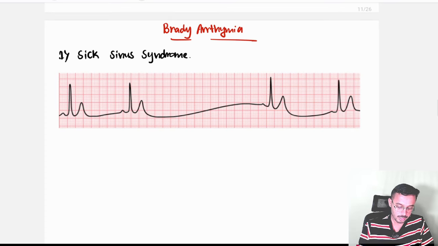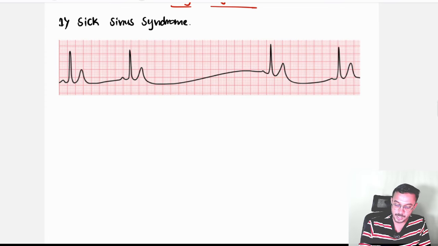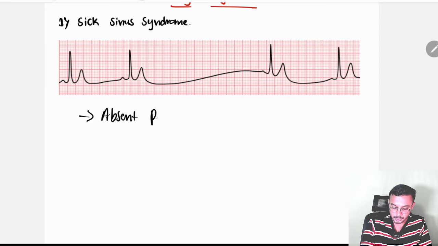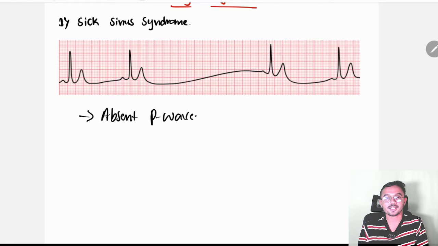One of the best hallmark features is the absent P wave. Remember, absent P wave is seen in two conditions: one is bradyarrhythmia and one is tachyarrhythmia. In bradyarrhythmias, where you will find sick sinus syndrome, absent P wave is present. But in tachyarrhythmia, like atrial fibrillation, there is also absent P wave.